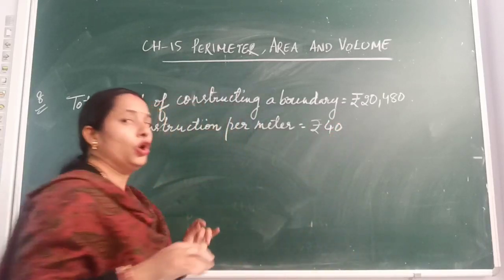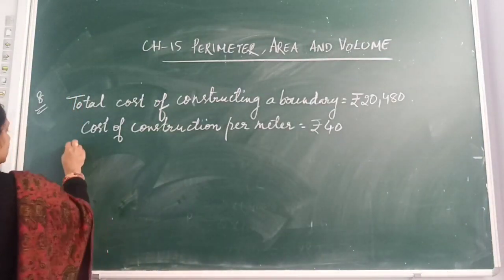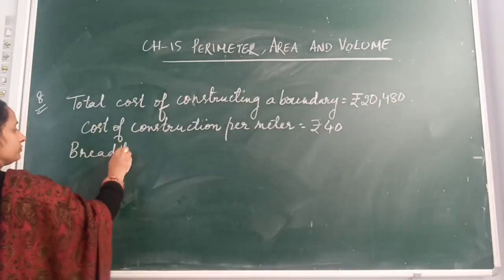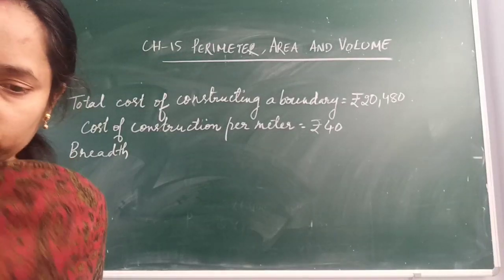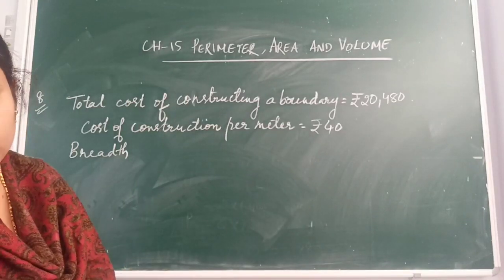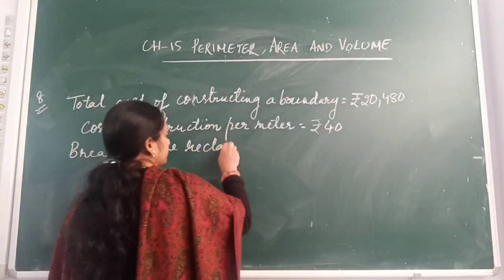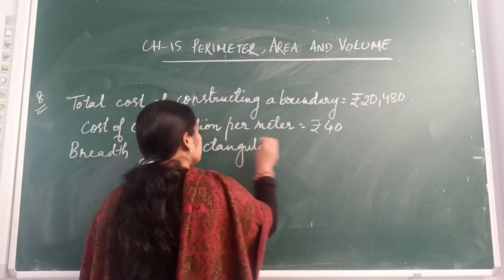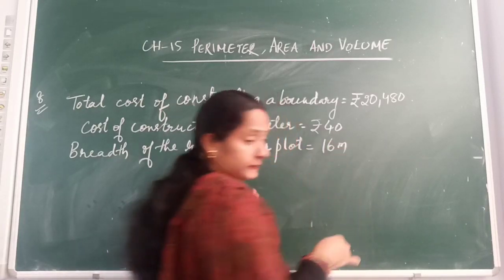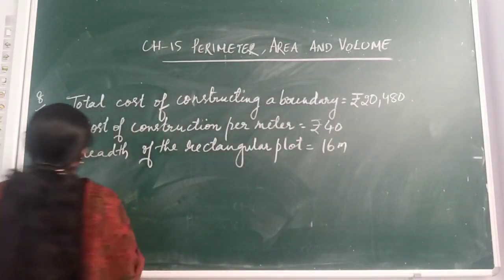Also, what is given? Breadth of the rectangular plot is given: 16 meters. Right?